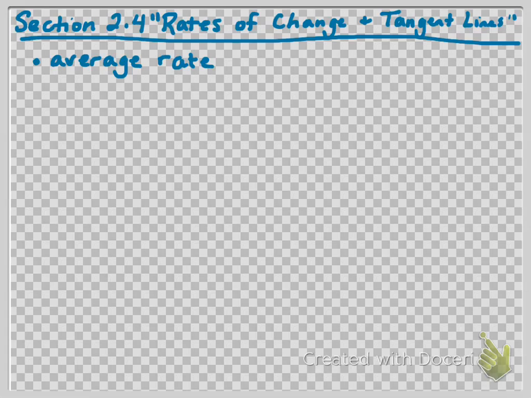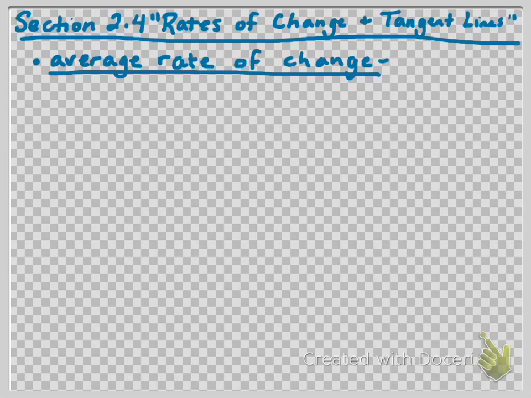This, in fact, was where we opened the chapter. Average rate of change. Please don't look back at your notes, but please tell me what the average rate of change is. The slope formula, okay?